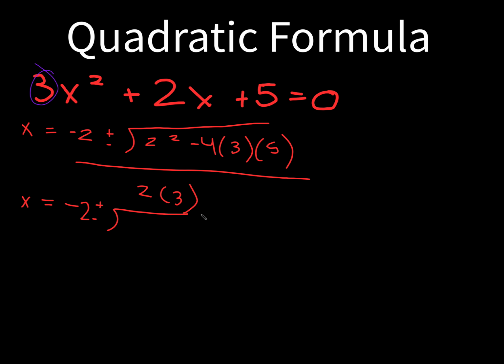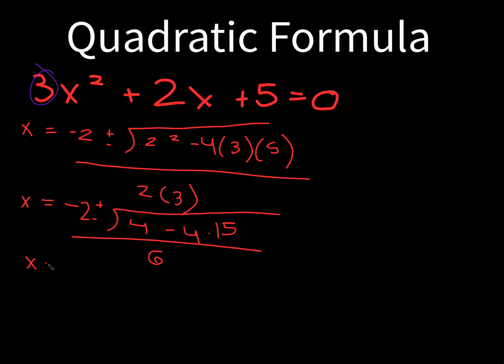That plus or minus, I'm going to go straight to working in the denominator and underneath the square root symbol. 2 squared is going to be 4, and from that we're going to subtract 4 times 3 times 5. I'm going to do that in 2 steps, so we have negative 4 times the answer to 3 times 5, which is going to be 15. And on the denominator, we're going to multiply 2 times 3. That'll just get us positive 6.